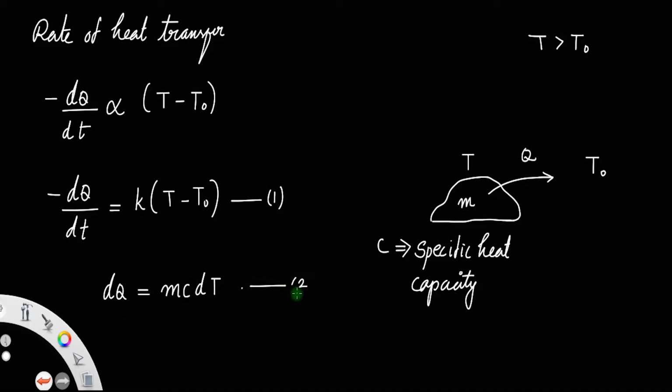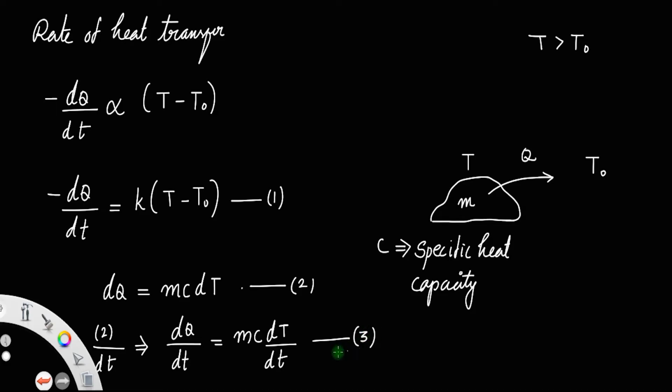Let's call this equation number 2. If you divide equation 2 by the change in time dt, then you get dQ by dt is equal to mc dT by dt, where capital T is the temperature and dt is the change in time. Let's call this equation number 3.